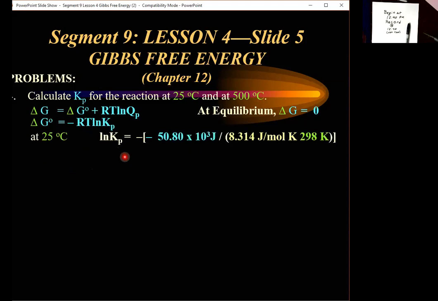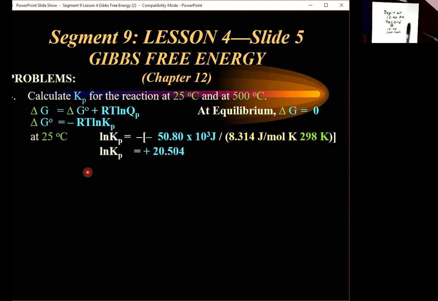Like that. We get minus our ln Kp is, I moved the minus sign to the other side, solving for Kp, minus delta G. And delta G was minus 50.8 times 10 to the third joules, divided by 8.314 joules per mole per Kelvin, and divided by 298 Kelvin.